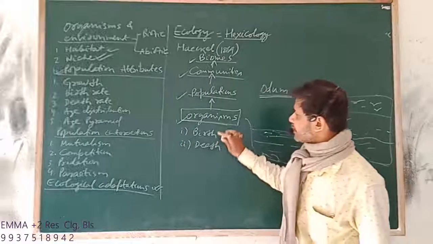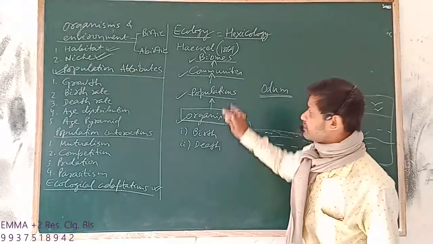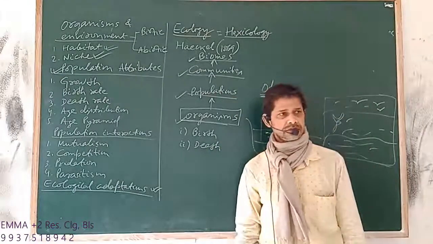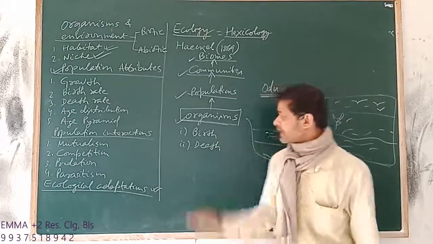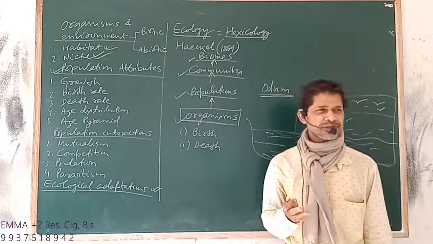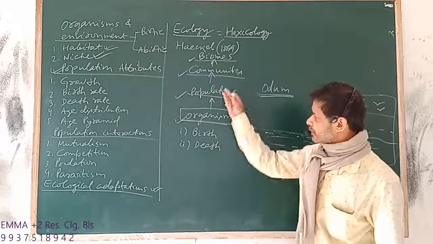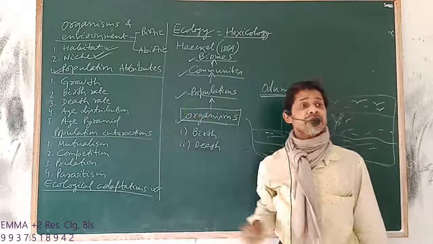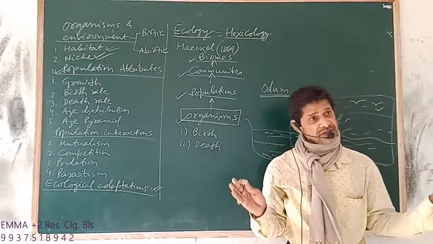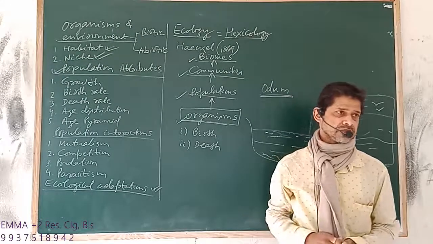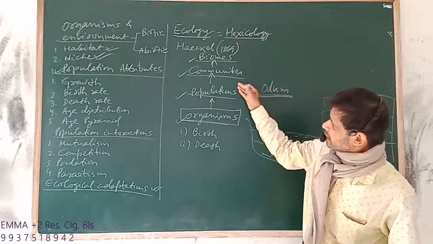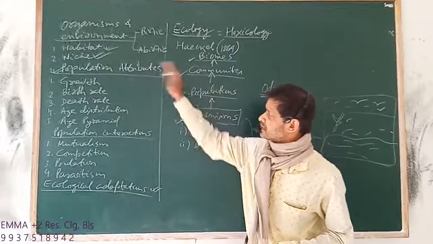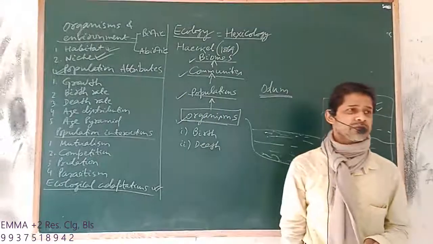But these types of characters are not applicable to a population. For a population, bath is not possible, death is not possible. Population means a group of organisms living in the same area, locality. So population attributes means characteristic features of a population.